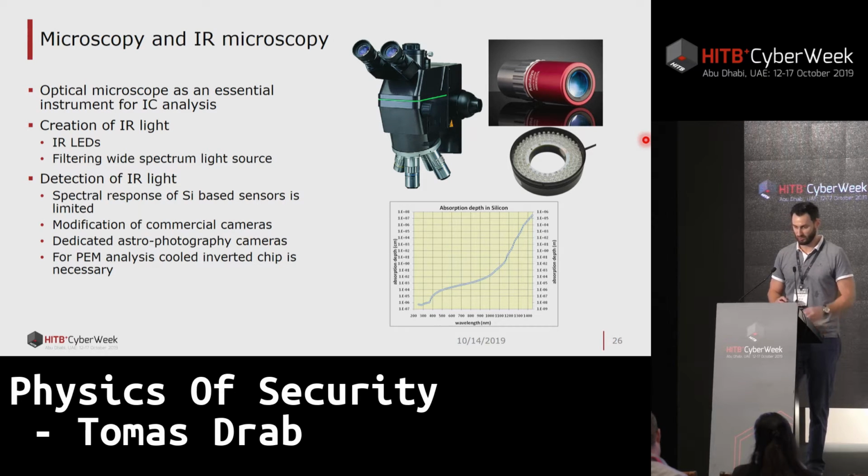If you really want to see the current and do a photo emission analysis, then you have to invest a little more. You would like to go to some cooled camera. Usually there are dedicated cameras for astrophotography, and an inverted chip is also kind of nice because it collects much more light.